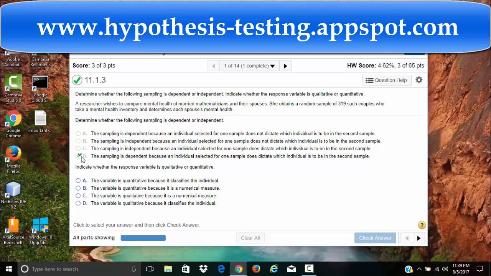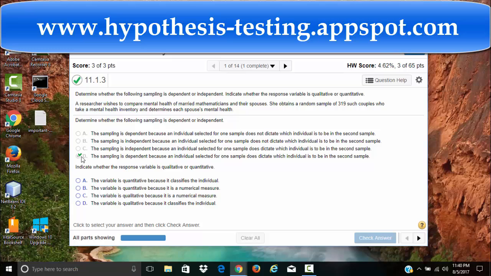The mental health inventory, you ask yourself, can you count it? Can you measure it? Or is it more of qualitative, like maybe the blood group, the genotype, you know.